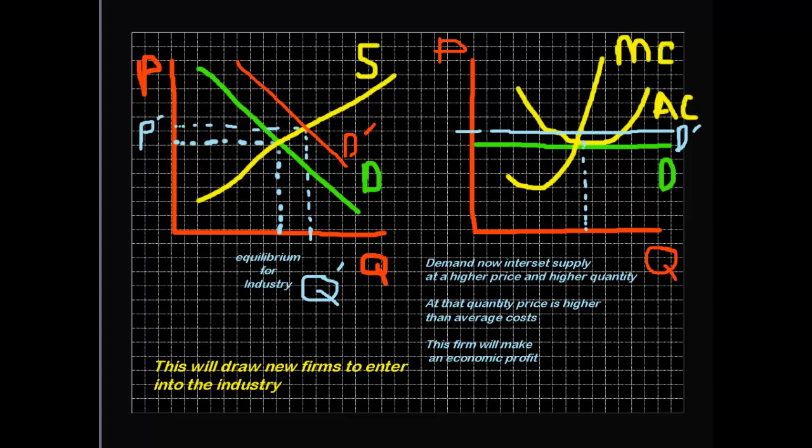And the impact of that is likely to move the supply curve, bringing down the price and/or bidding up some costs in a way that will eliminate that short-term economic profit.